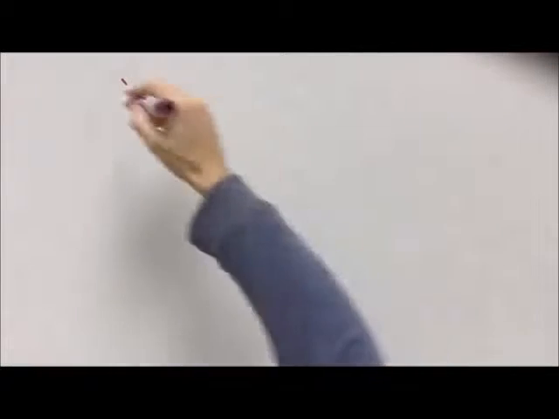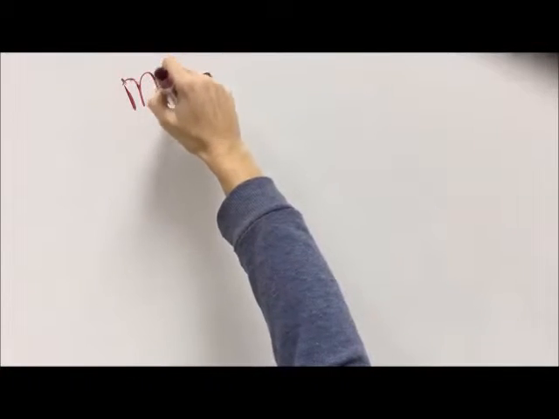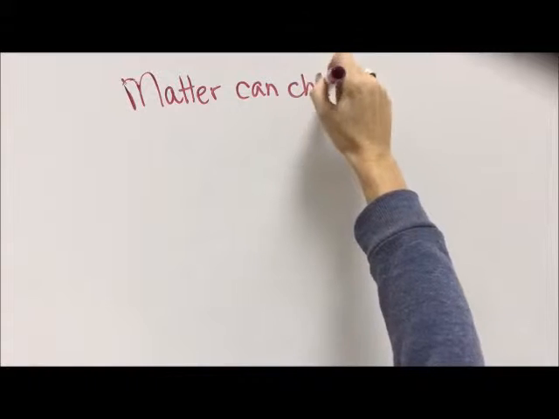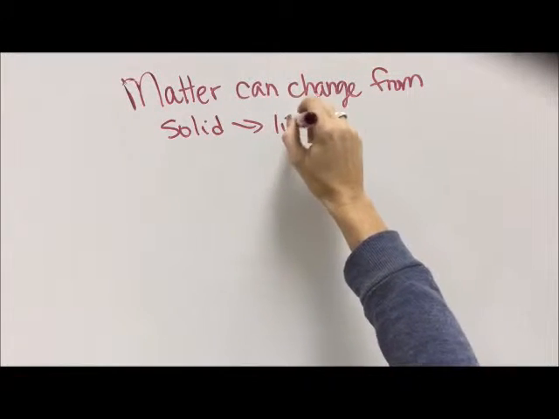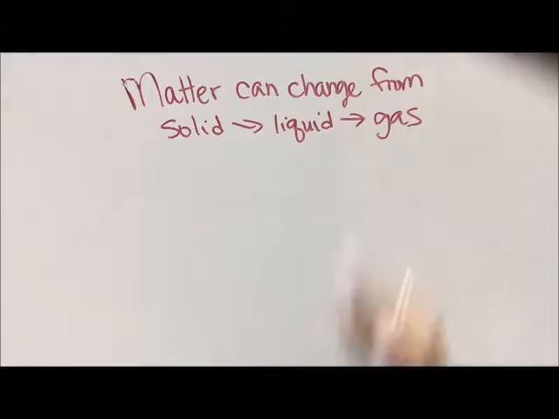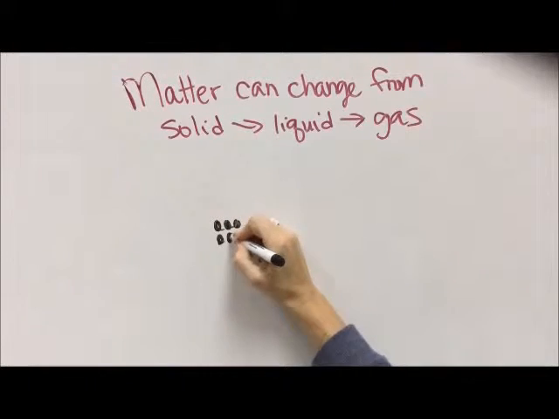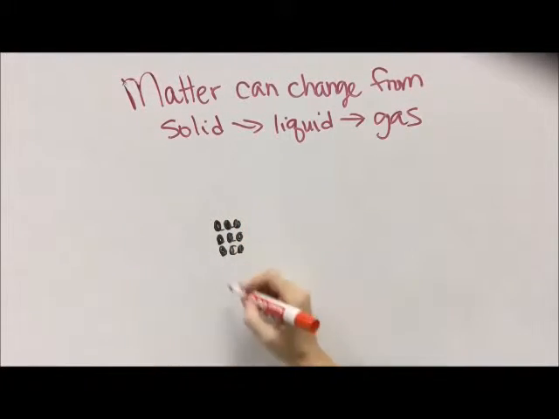With states of matter, it depends on temperature as to what's going on with those particles. Okay? So matter can change from solid to liquid to gas depending on what we do with the temperature of the substance. So here, we're going to draw a little solid patch and think about what that looks like. They're all going to be very close together, not quite touching, a little bit of space so that they can wiggle around.